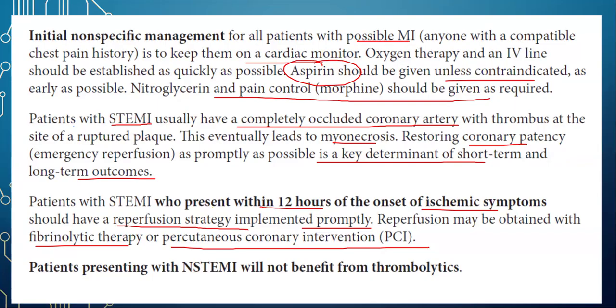Reperfusion either can be a PCI or can be fibrinolytic therapy. PCI is the best, and that is what we will choose in most of the cases, except if it is a rural setting where there is no cath lab available and you can't even send the patient to a tertiary hospital in due time, then you will choose fibrinolytic therapy. Okay?